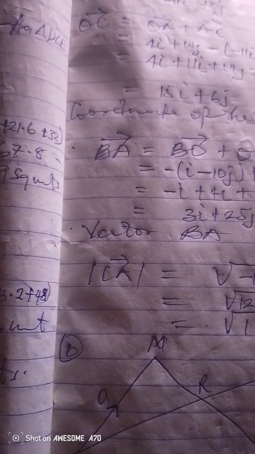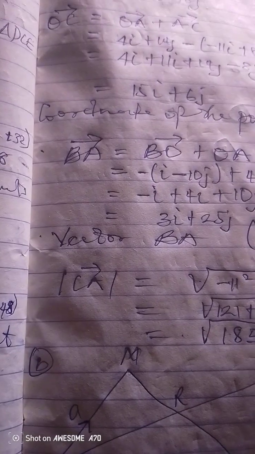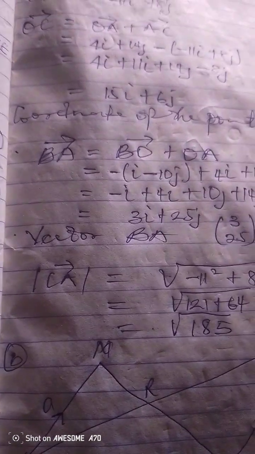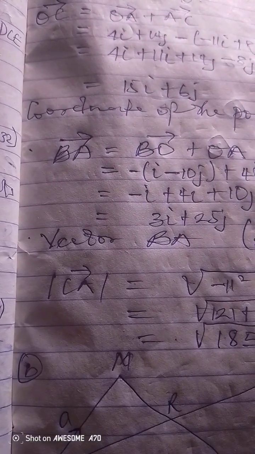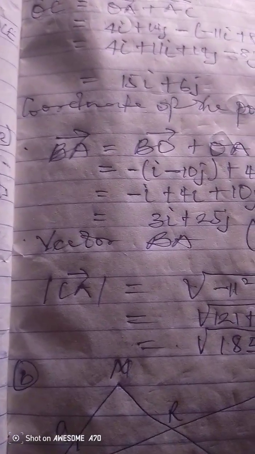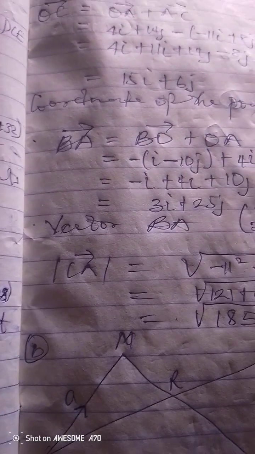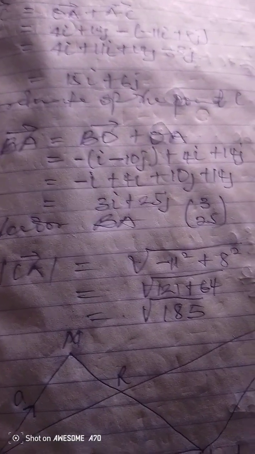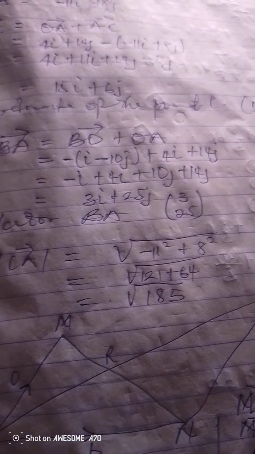To find the vector BA, we have vector BA is equal to vector BO plus OA. Since vector OB is i minus 10j, vector BO becomes negative of (i minus 10j) plus vector OA, which is 4i plus 14j.